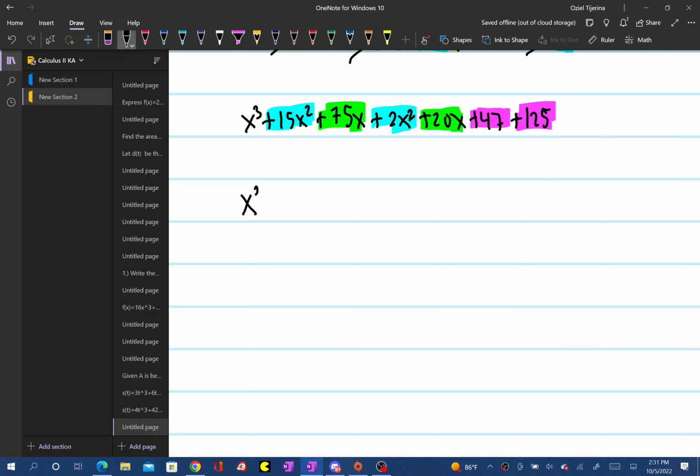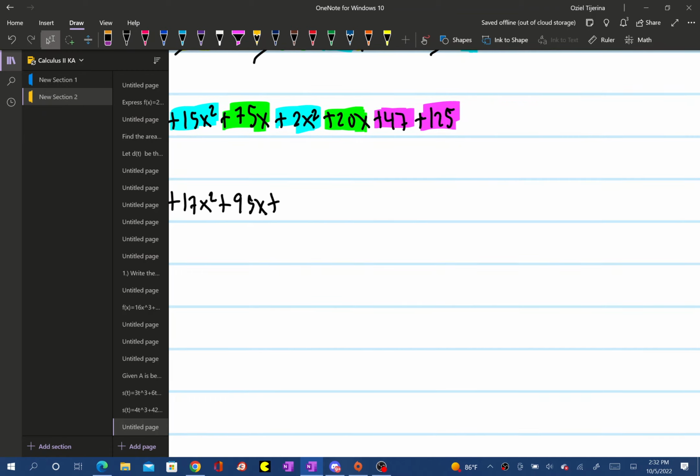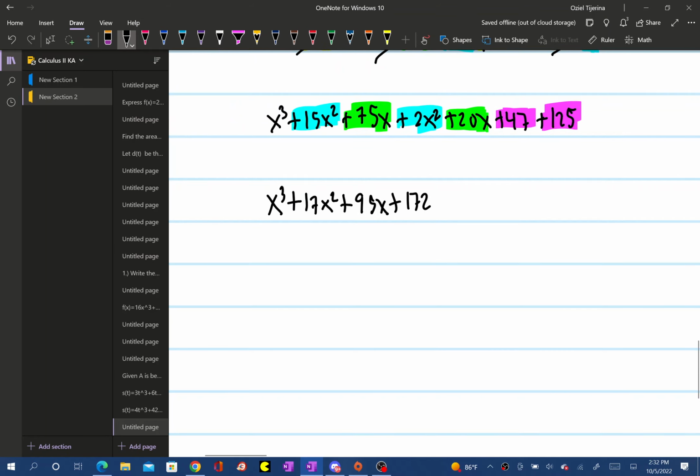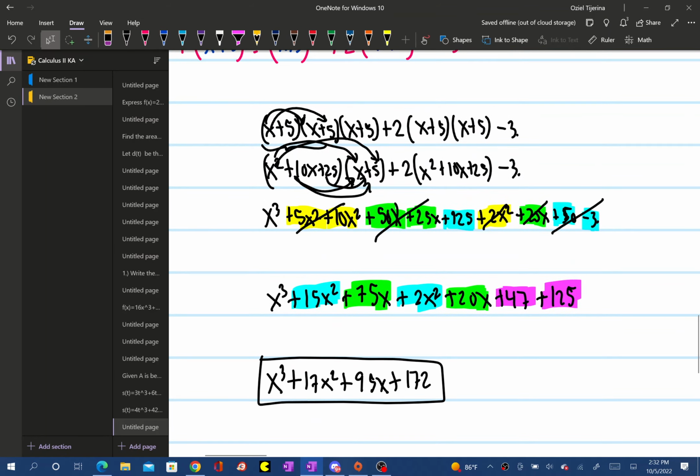So this is x cubed plus 17x squared plus 95x plus, 125 plus 47, that will be, sorry, 172. So I believe this would be our final answer.